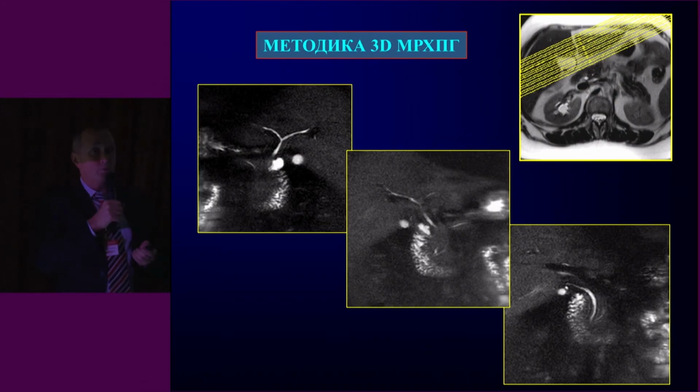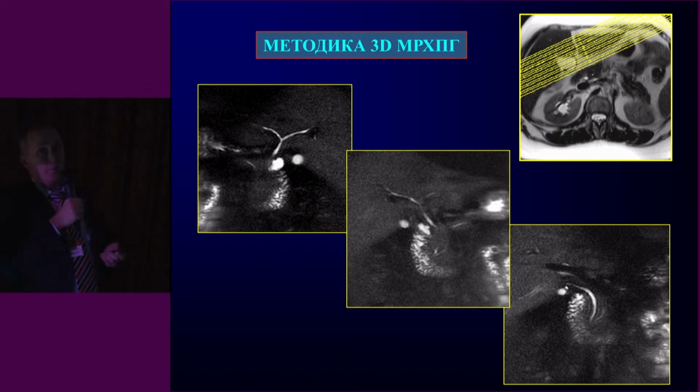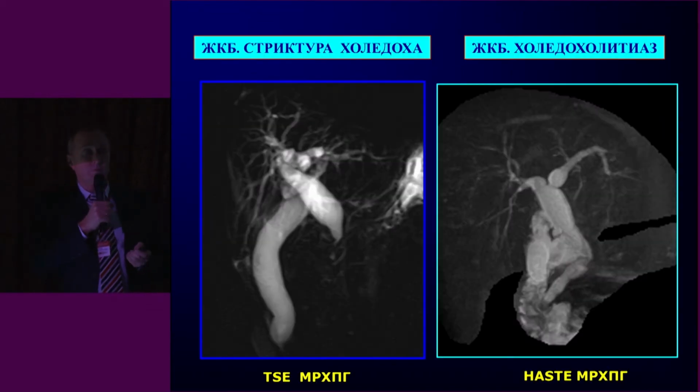Depending on the method, you can see the confluence better. You can see the CBD using the thin section method. Depending on the section size, we can visualize a section. We can visualize the CBD, and like in the anatomy, you can see the spiral-like structure of the bile duct.